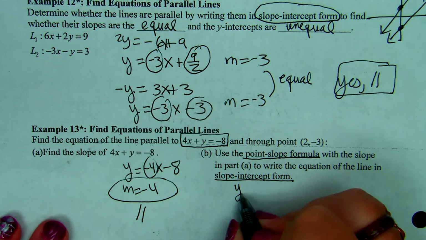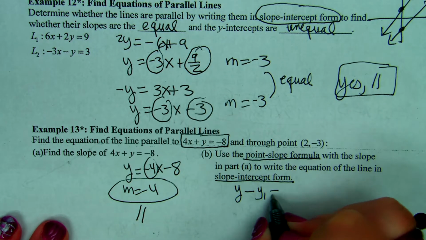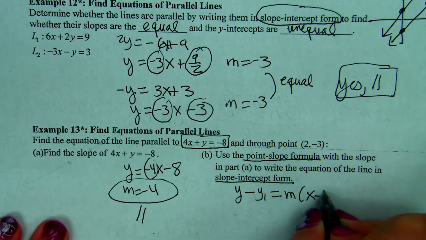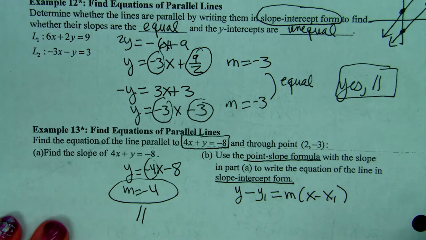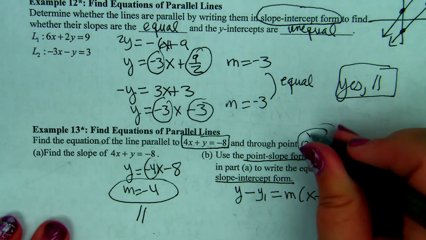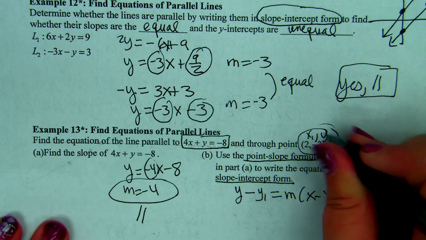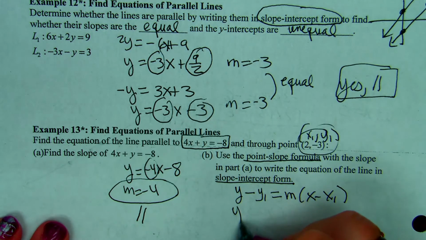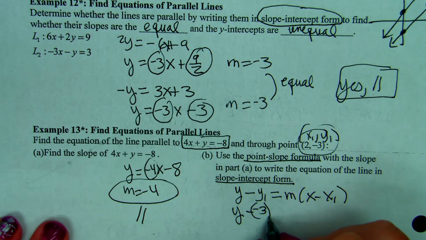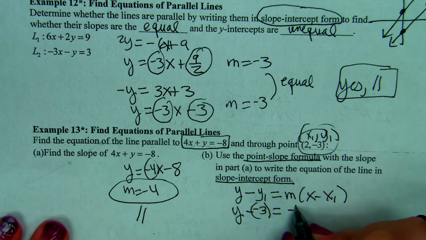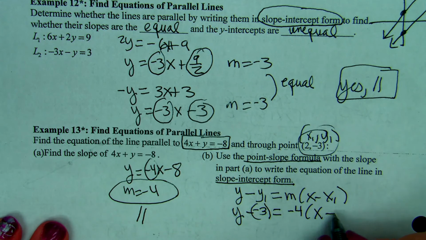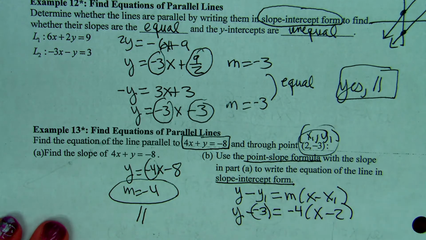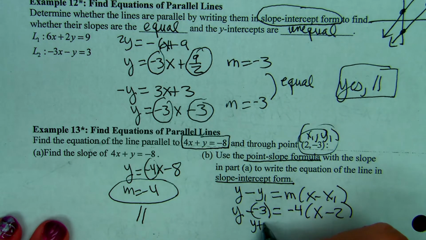Point-slope form is y minus y1 equals m times x minus x1. The point is x1, y1. So y minus a negative 3 equals the slope negative 4 times x minus 2. y plus 3 equals negative 4 times x minus 2.